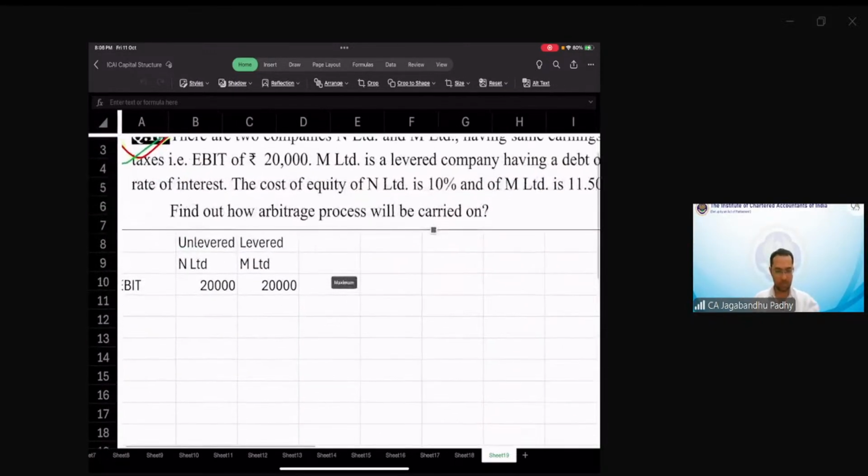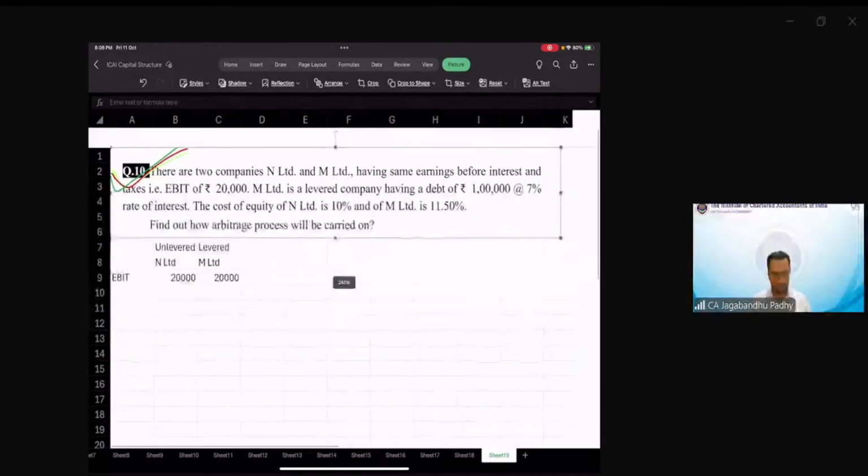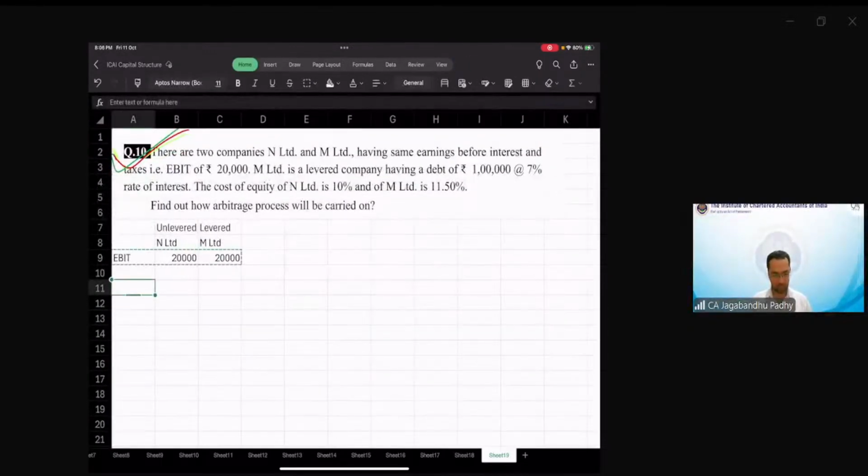From this, we can say something about the capital structure. From this EBIT, we subtract the interest. Since N is unlevered, there won't be any interest. What about M Limited? Since it is levered with a debt of 1 lakh at 7%, what will be the amount of interest paid by M Limited?